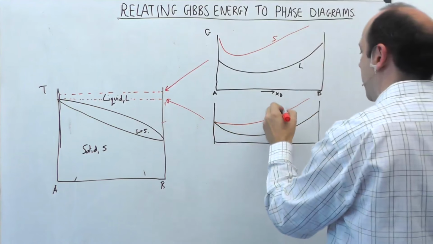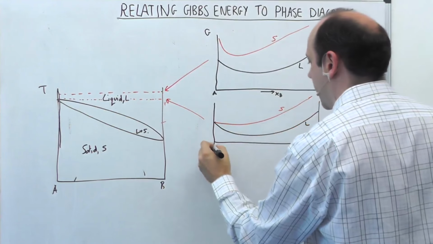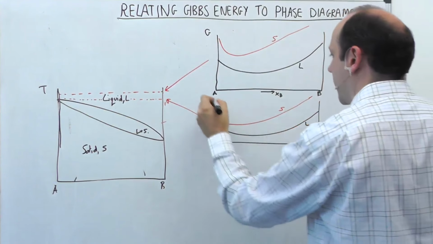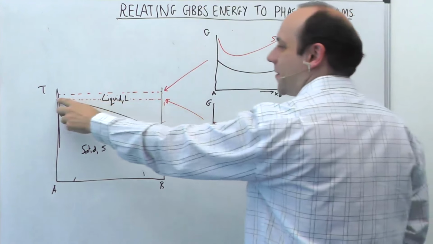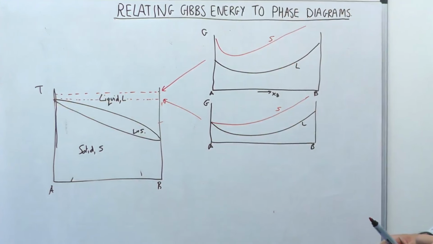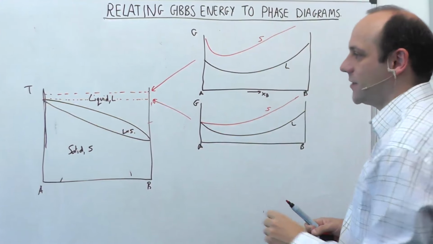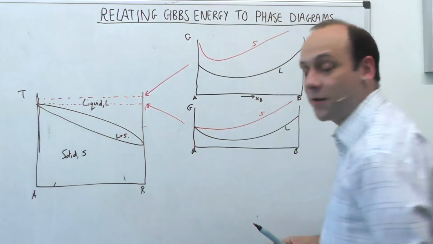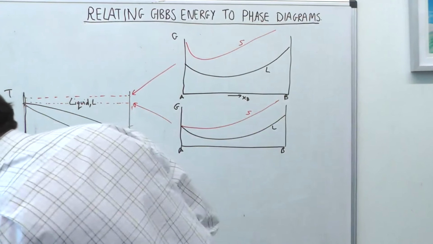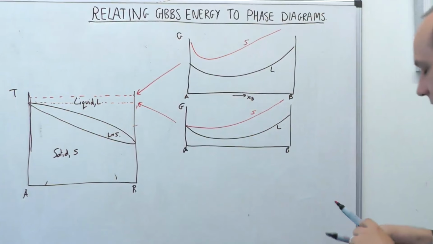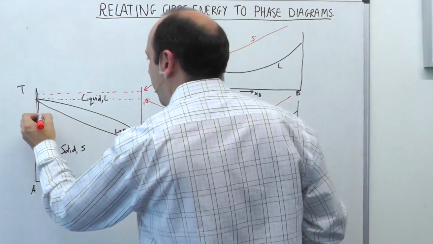That's a solid and liquid going from pure A to pure B for Gibbs energy. They have the same energy at that particular point. There's only one point where they do, because we're just at that transition for pure A from liquid to solid at a single temperature. When we go down a little bit further into the two-phase region, then something interesting happens, which we'll need to explore a bit further.